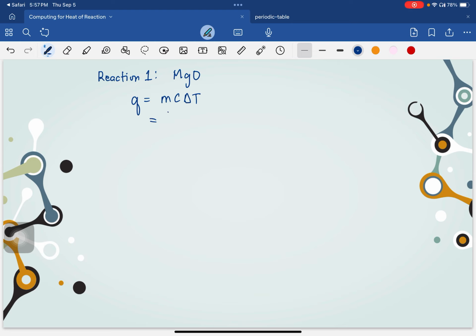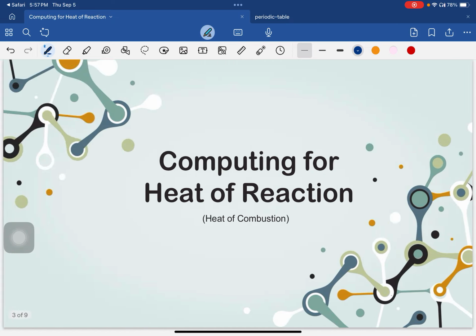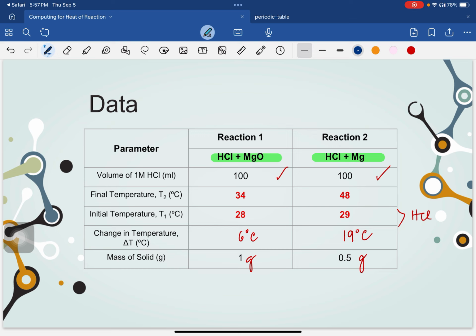So that is 100 grams plus 1 gram, so this is 101 grams. For our total mass for reaction 2, that's 100 plus 0.5, therefore this was 100.5 grams.